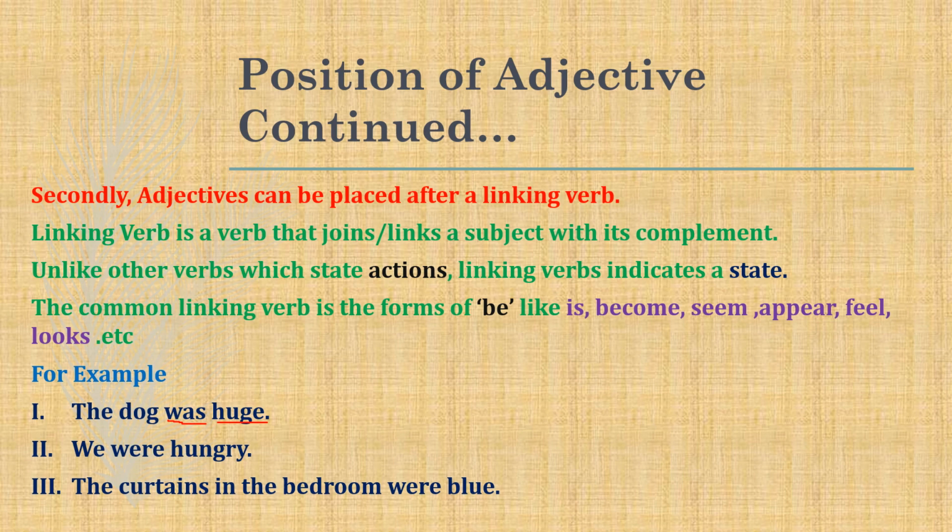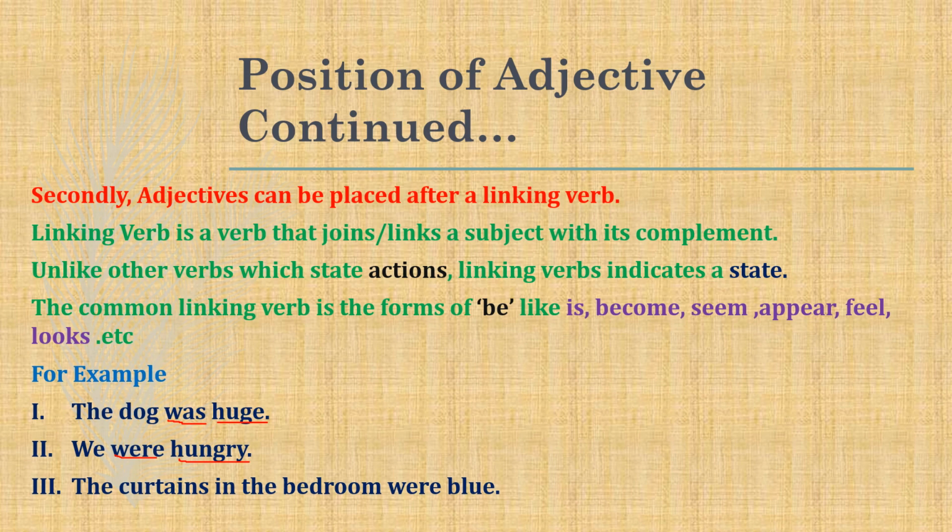The next example, we were angry. Angry is our example of an adjective, and in this case it has been used after the linking verb were.